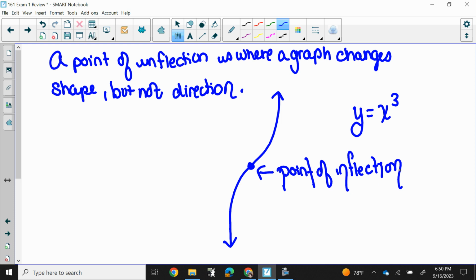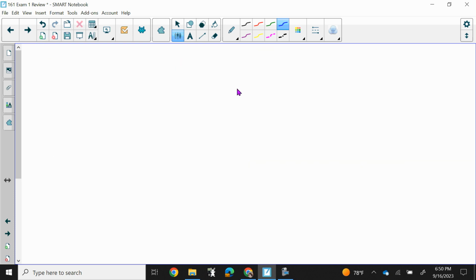Okay, a couple of other things that you guys need to do are determine the slope of a line and also write the equation of a line. So let me just give you an example. I'm going to write the equation of the line too and determine the slope.